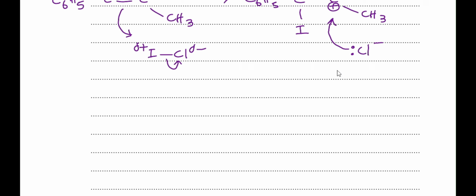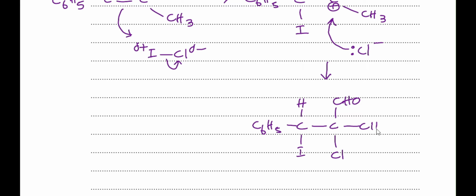The question is asking us to show the mechanism for formation of one of the products, and we are showing the mechanism for the major product. So this is the major product here, C6H5 CH, iodine here, and the chlorine here, and CH3.